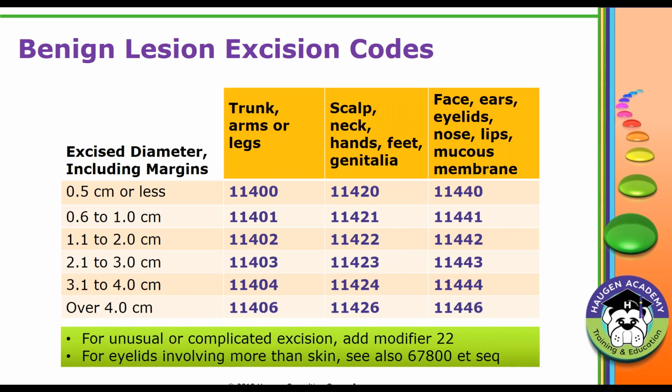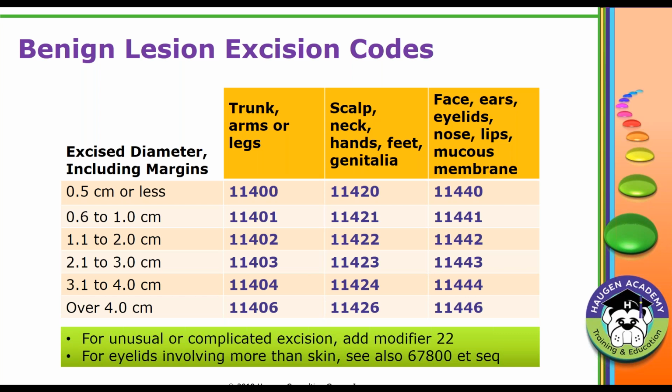So this table is actually really handy. If you're looking in your CPT book, the CPT codes are a little bit hard to read just because of how the descriptions are laid out, but the codes themselves are divided by size, and the size is defined as the excised diameter, including margins. So we'll look at some examples of that, but you can see the size down the left-hand side of your screen.